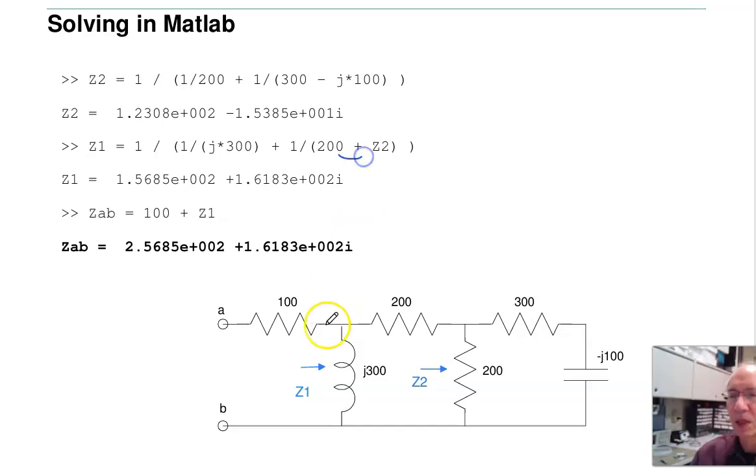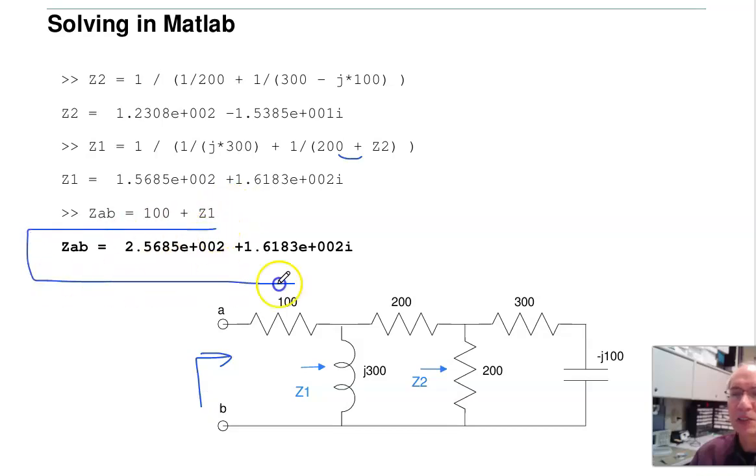Z1 then is the parallel impedance of 300 in parallel with that. So it's 1 over J300 plus 1 over 200 plus Z2. The impedance looking in is Z1 plus 100. Same answer. So I can do this in MATLAB just fine.